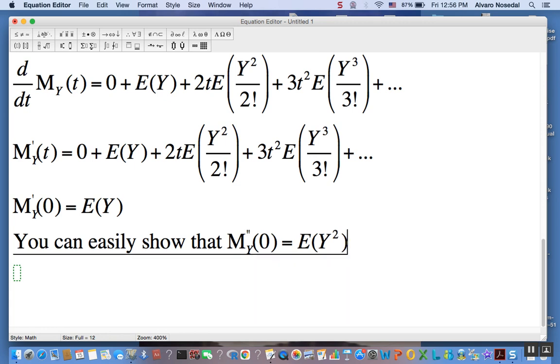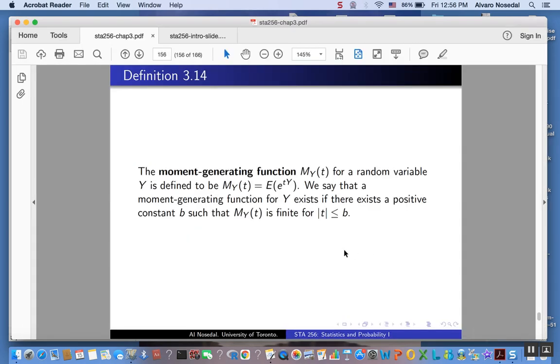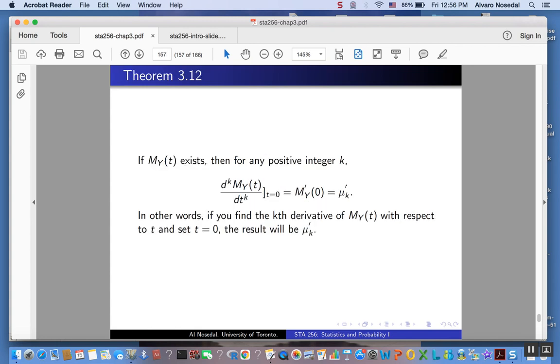Okay, so that leads me to show you a theorem that you have in your textbook, but that we also have in our lecture notes. It's that theorem. And it is basically saying what we just did. So we did it for the first moment about the origin.